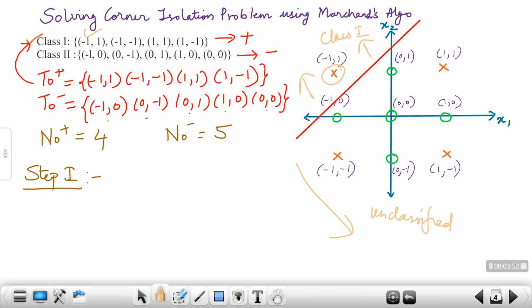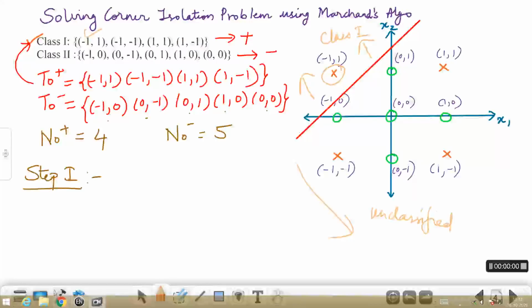The line should be selected such that on one side all the patterns are classified, and on the other side the patterns can be unclassified. In the last step we will have both sides classified. But in step 1 we have one side classified and the other side not classified. So now we write the equation.